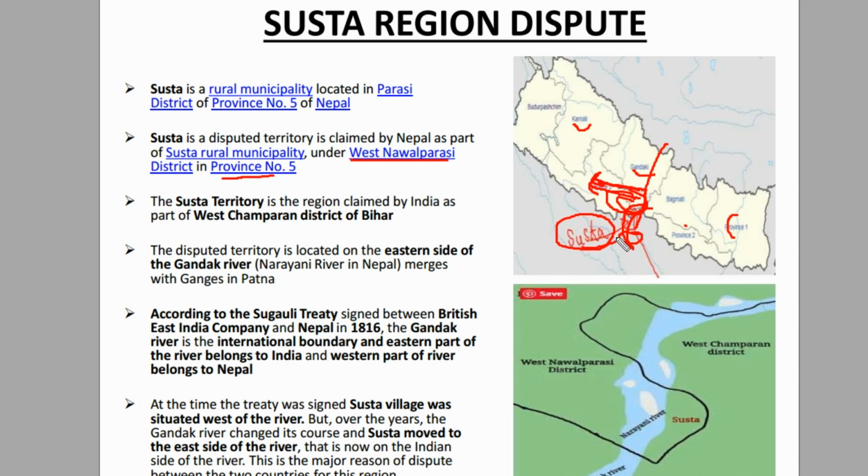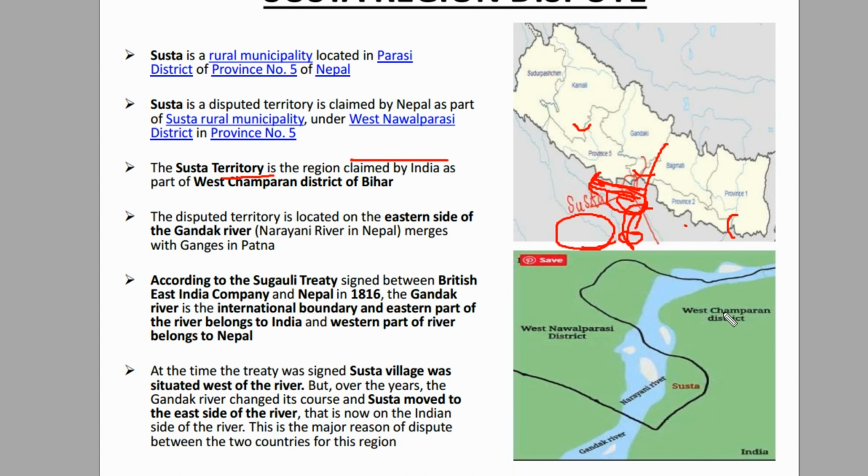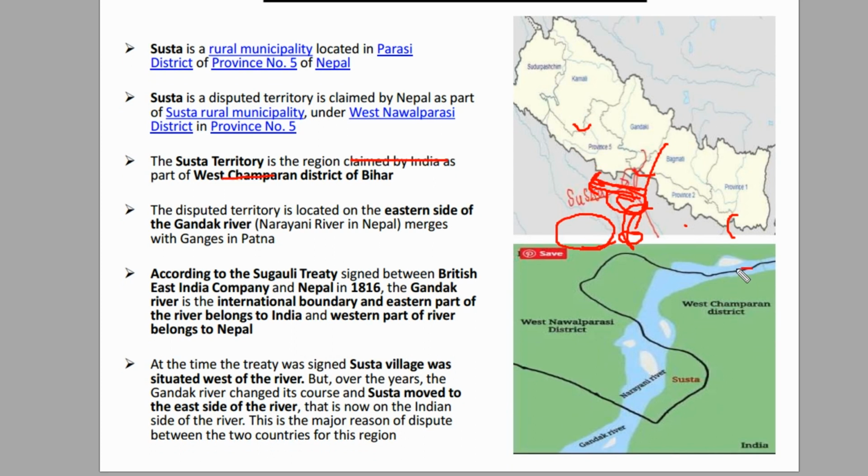Now currently who is administering it? There is conflict. Nepalese police and Indian police are both administering it, and some people say that they belong to Nepal, some people say that they belong to India. Can you see this map? Earlier your Gandaki river used to flow along this black line. So that included Susta in Nepal, but now this has shifted. It is shifting towards the western side, right?